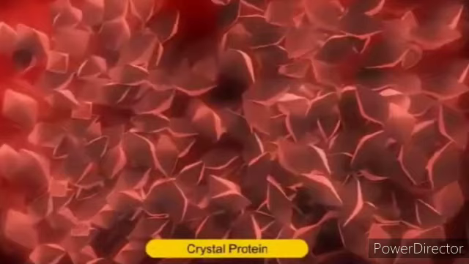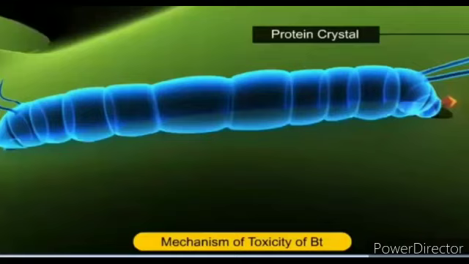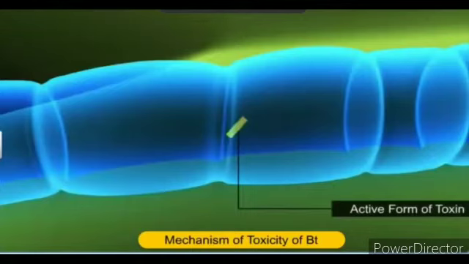Why does this toxin not kill the Bacillus? Actually, the Bt toxin protein exists as inactive protoxins, but once an insect ingests the inactive toxin, it is converted into an active form of toxin due to the alkaline pH of the gut, which solubilizes the crystals.